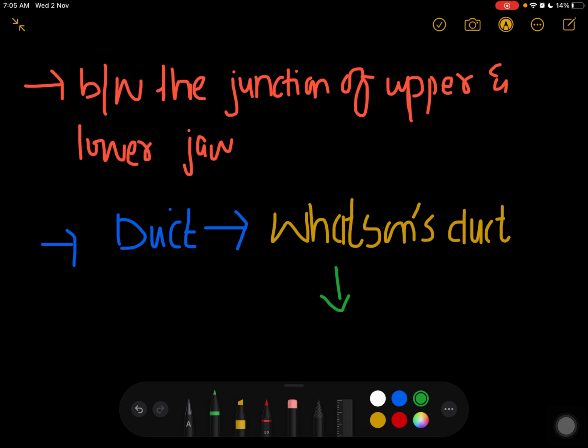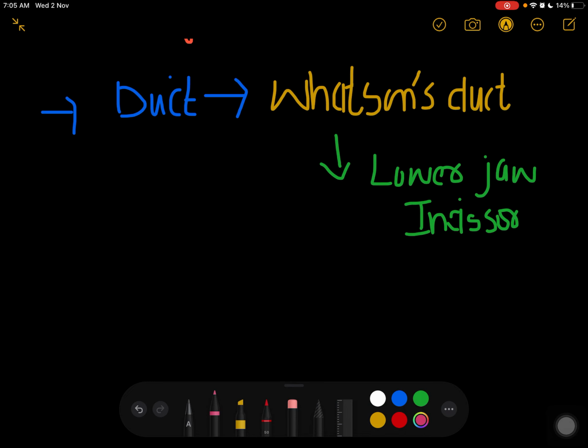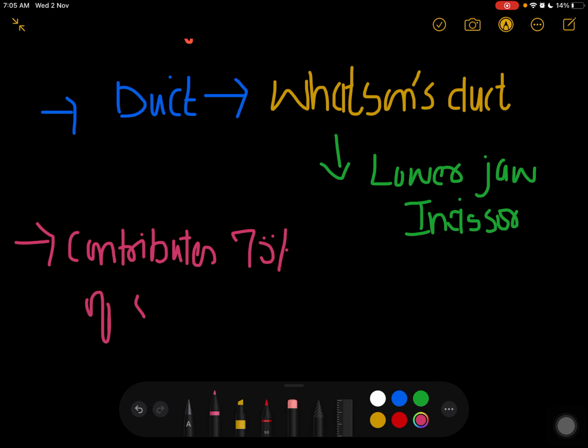It opens at the lower jaw incisors. This is not the smallest gland, not the largest gland, but still, while the parotid is the largest, it only contributes 25% of the saliva, and this gland contributes 75% of the saliva.